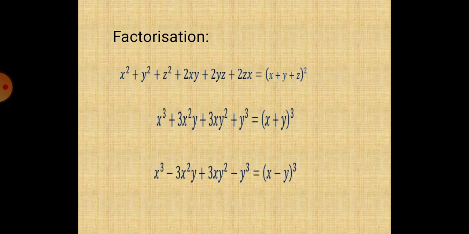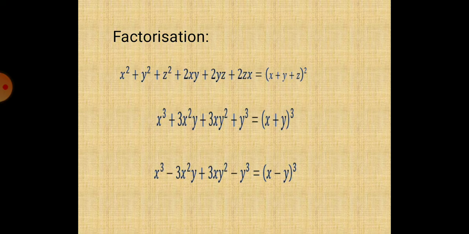Before going to the problems, let us see what factorization is. Actually, we have learned that (x + y + z)² is equal to x² + y² + z² + 2xy + 2yz + 2zx. But in factorization, the product will be given to us.